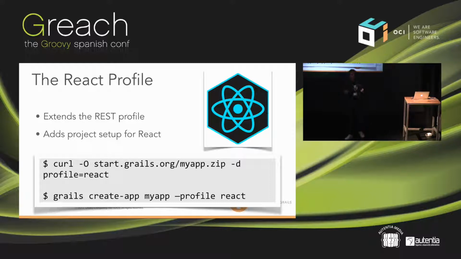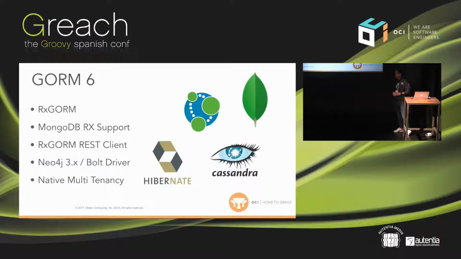And it does the same kind of thing, where it will essentially set up a multi-project build with Webpack, with a client project, and a server project being a Grails application, do all the necessary pieces to bind those together, and get you productive with the two frameworks quickly and efficiently. So that's pretty cool.